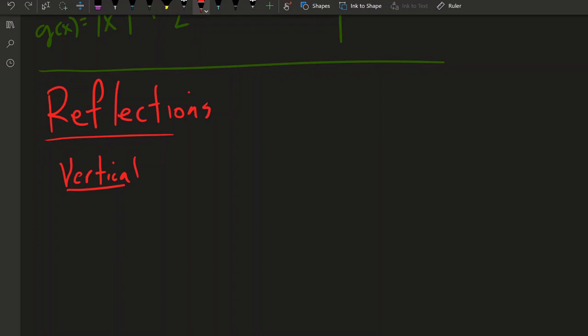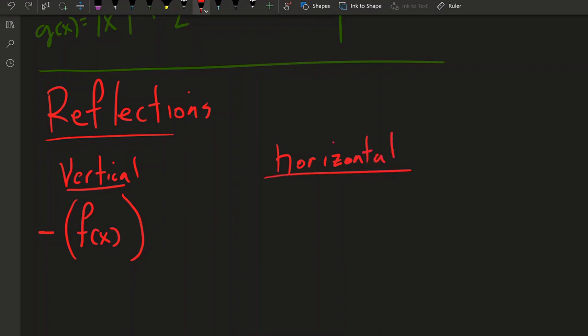To get a vertical reflection, I'm going to take the function and I'm going to multiply the output of the function by -1. But for a horizontal, that would be a reflection across the y-axis. I would take the function and I would multiply just the input by -1.